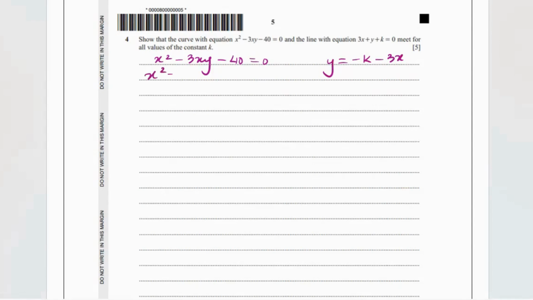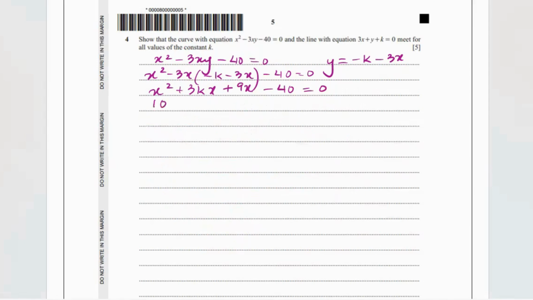So x squared minus 3x times (negative k minus 3x) minus 40 equals 0. So that's x squared plus 3kx plus 9x squared minus 40 equals 0.